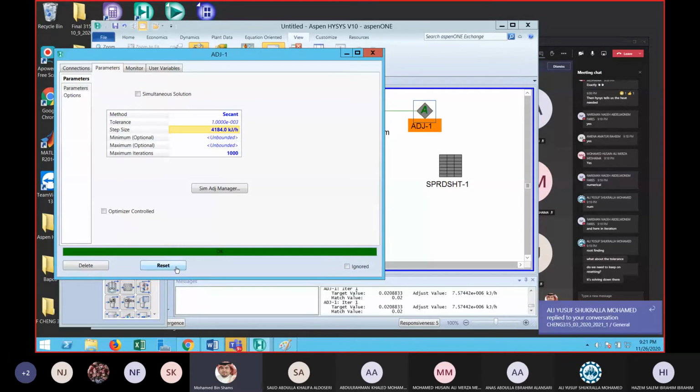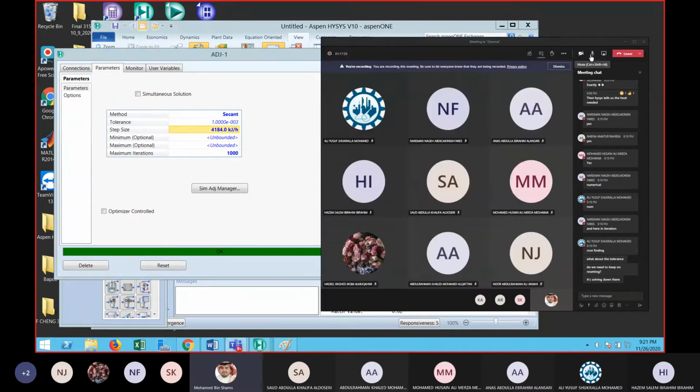Yeah, see, you have to keep resetting this value until it's converged. Okay, guys, you have to keep resetting this until you get the solution.